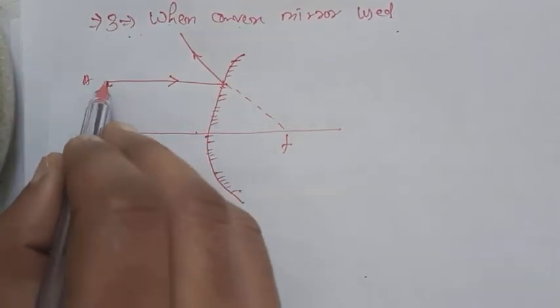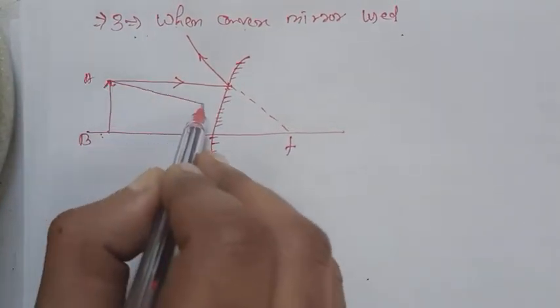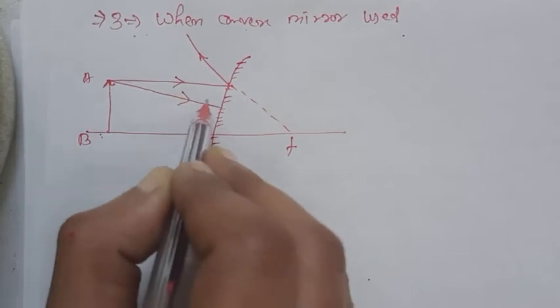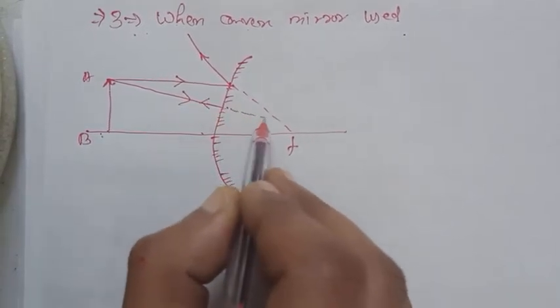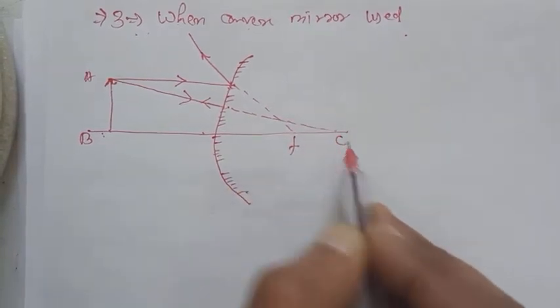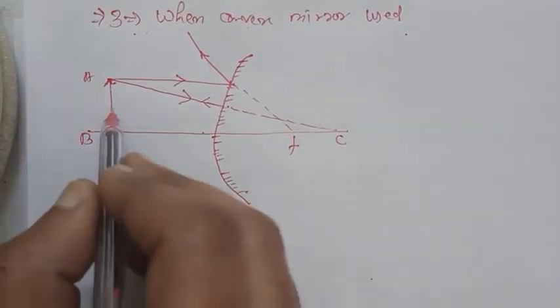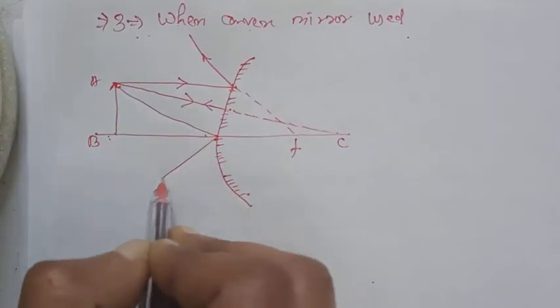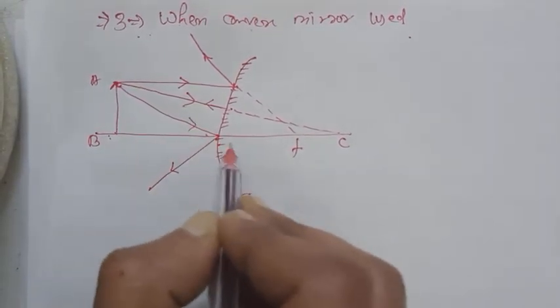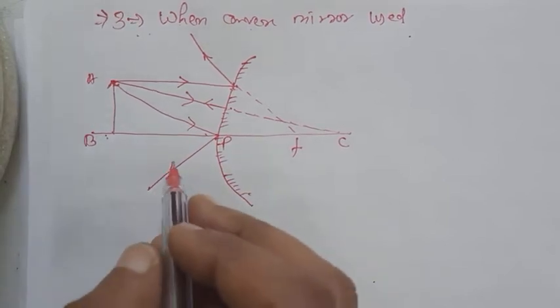The second ray is taken going towards the center of curvature. After reflection, it retraces its own path, and this one is C. One more ray is incident on the pole of the mirror, and it deviates at the same angle, and this one is the pole.